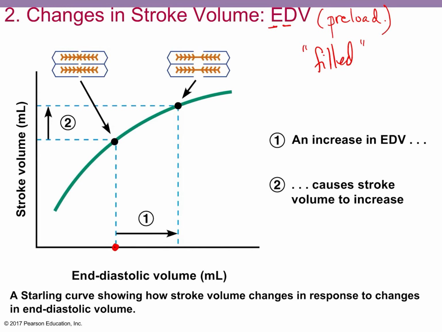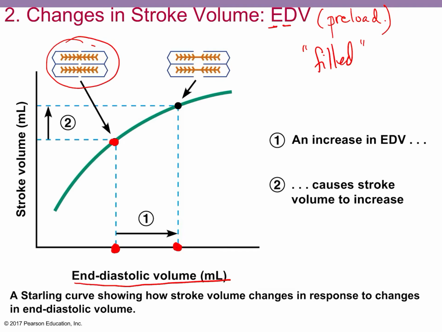So if we look at our first point here, right? If we have our end diastolic volume, a smaller volume coming into our ventricles, they contract, and then the stroke volume is up here, right? That's how much leaves. And this is how our sarcomeres look. So the sarcomeres have a little bit of room to contract, but they're not completely spread out.